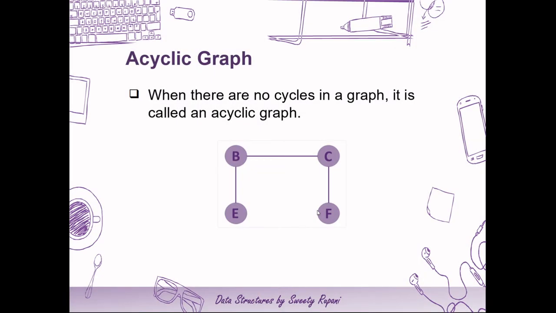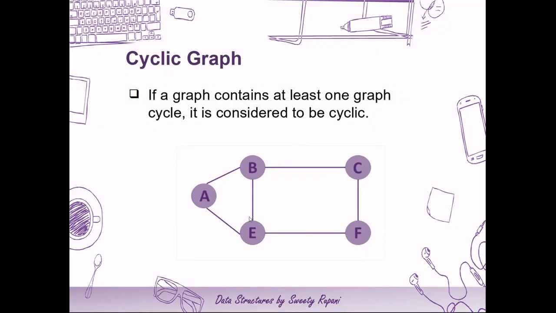Let us now have a look at a cyclic graph. When there are cycles in the graph, we say that it's a cyclic graph. Cycles mean that when you have a path from, say, particularly from E, if I start my journey, I have a path to come back to E. That means this graph is a cyclic graph. That is the next cycle.